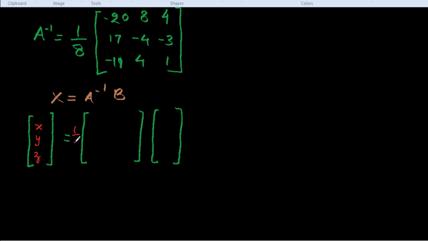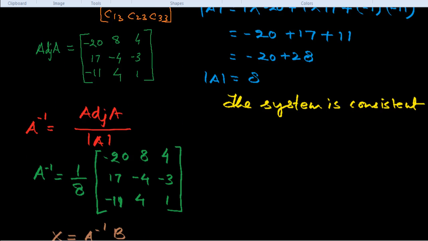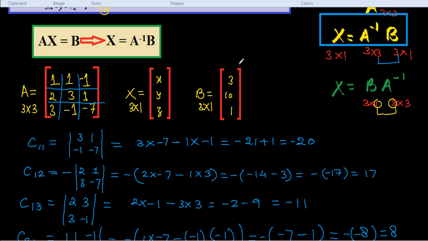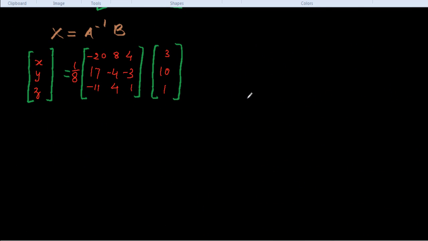It is 1 over 8, minus 20, 8, 4, 17, minus 4, minus 3, minus 11, 4, 1, and it is 3, 10, 1. We multiply these.